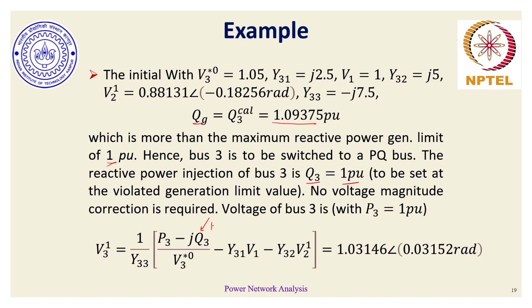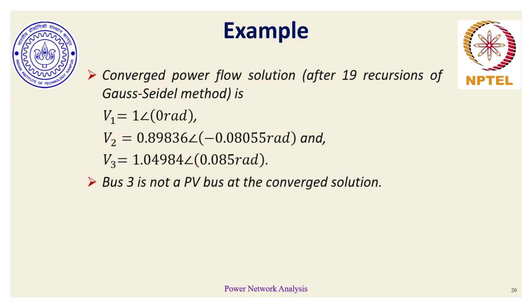We use this 1 pu over here and find the voltage value. The magnitude is no more equal to 1.05. No correction is needed. The bus has become a PQ bus. When this process continues, we eventually see that after 19 recursions the solution process converges. That means the mismatches have turned down to 0. And we get the voltages V2 and V3 in this order, where bus 3 is still not a PV bus.